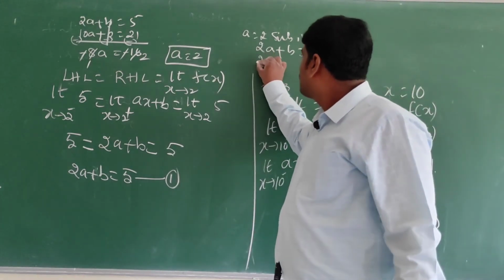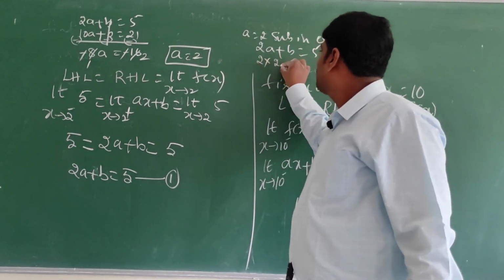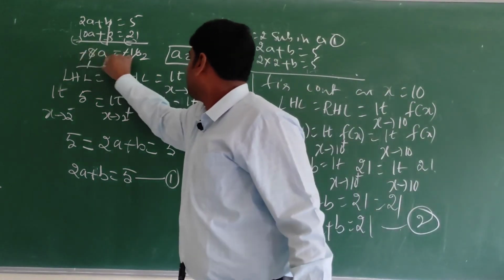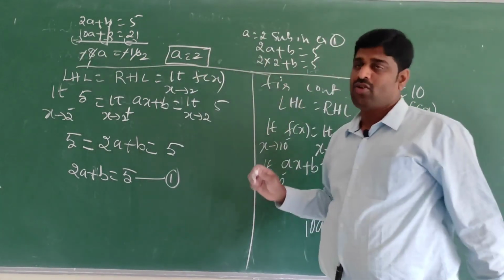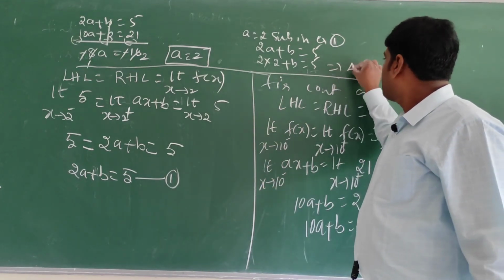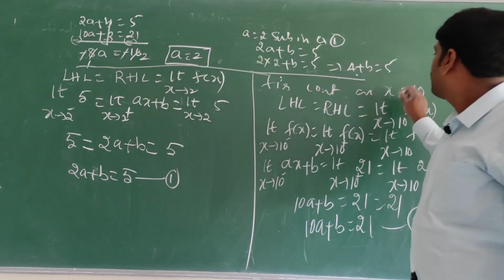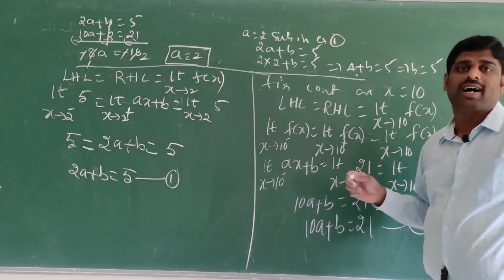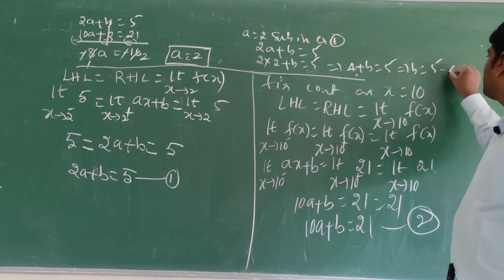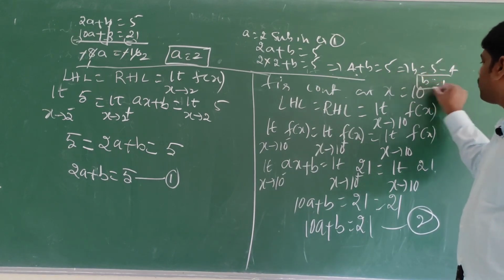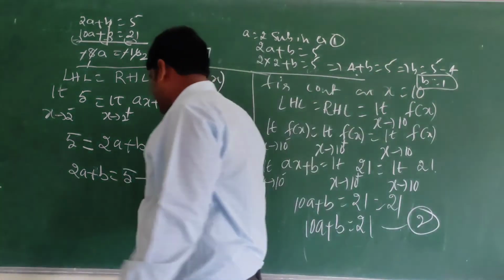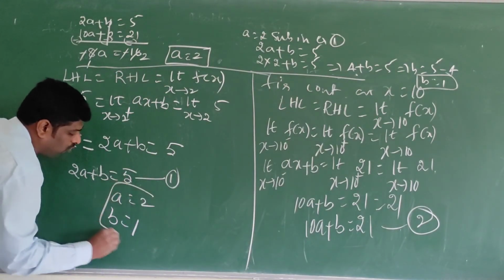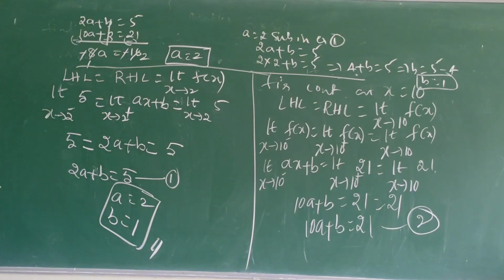That is 2 into the a value 2, plus b equals 5. 2 twos are 4, so 4 plus b equals 5. This 4 is transposed to the RHS and becomes minus 4. That is b is equal to 1. Finally, you will get a is equal to 2, b is equal to 1. This is your answer.